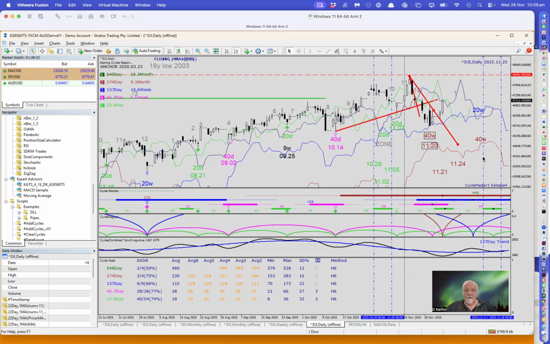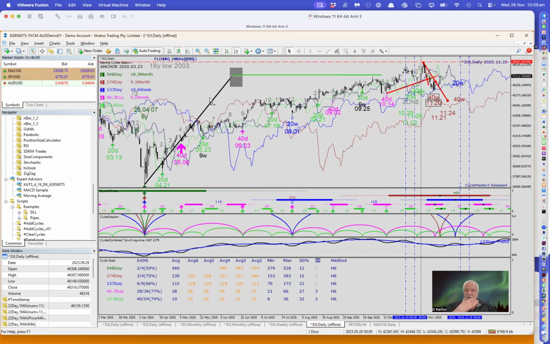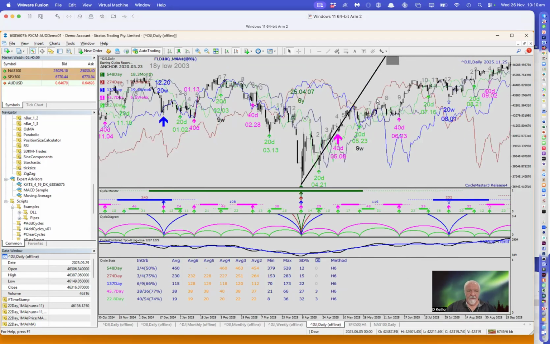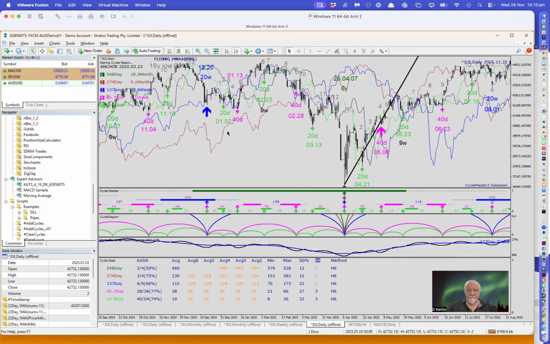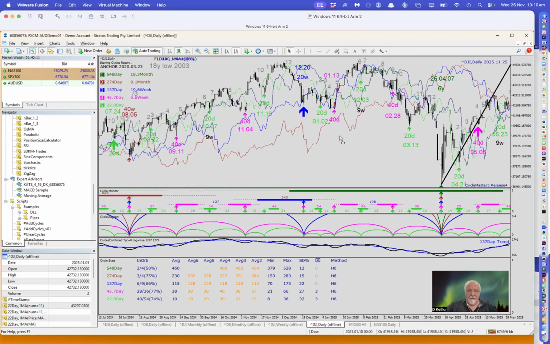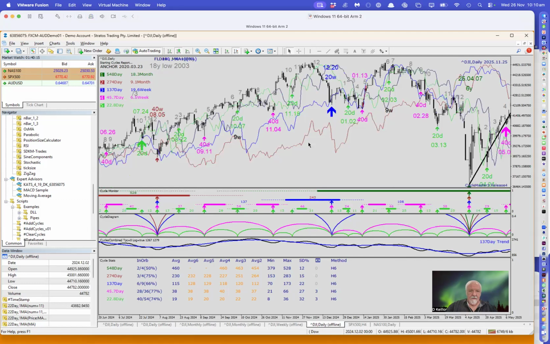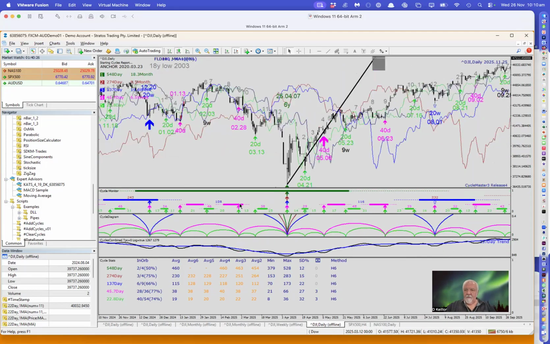But really what we need to do at this stage is to locate the arrow on that 40-week low. And we'll just go back and snaffle a previous 40-week low. So this one here, that was back a fair way back.